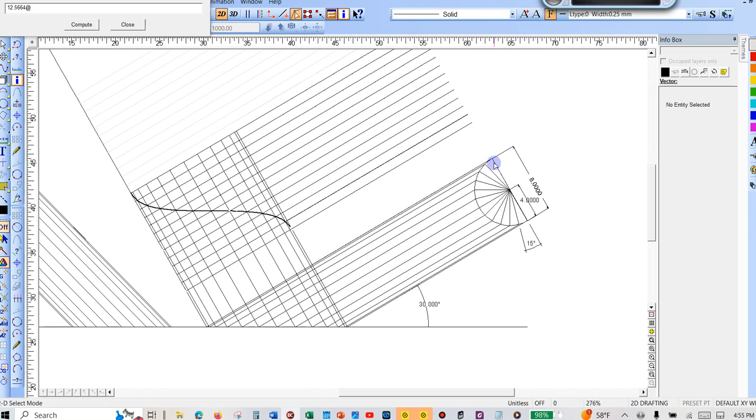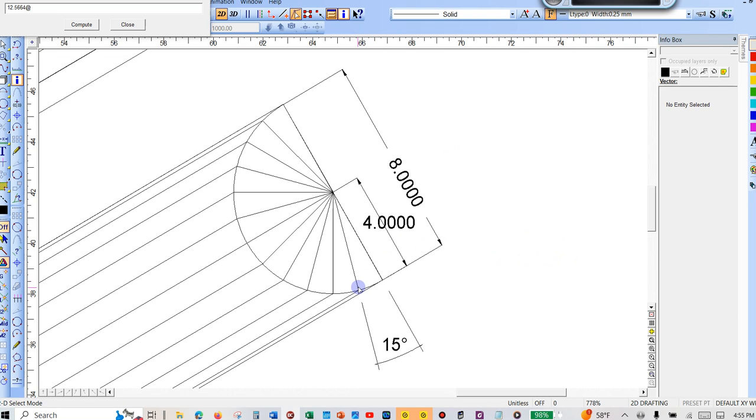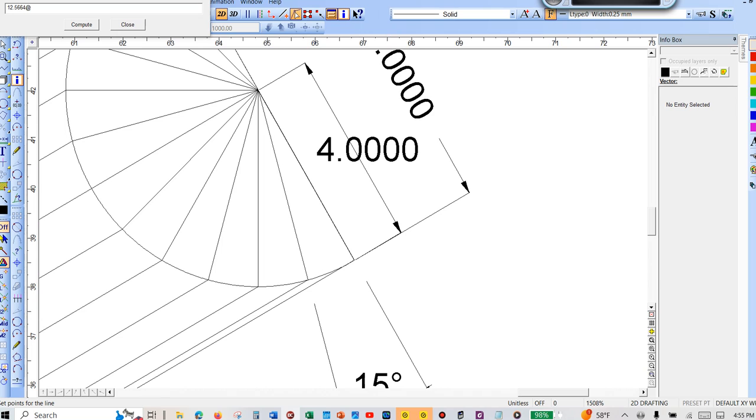So you're going to break this half of the 8-inch pipe into 15-degree increments, right? So 180 divided by 12, that's 15 degrees. We know this is 4, and we know this is 4. So we're going to create a triangle right here.